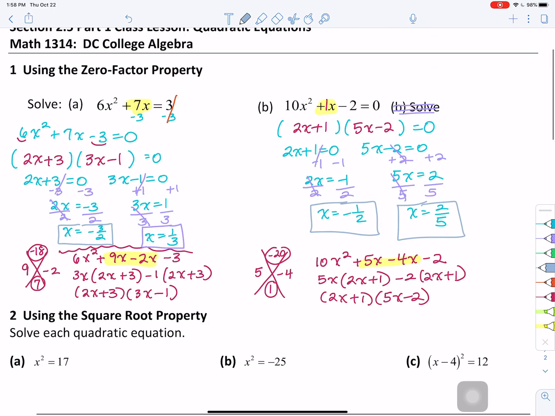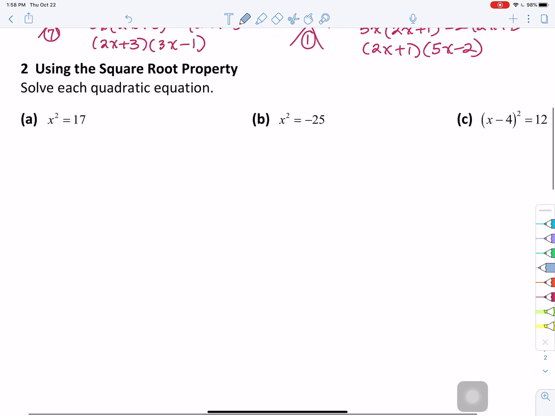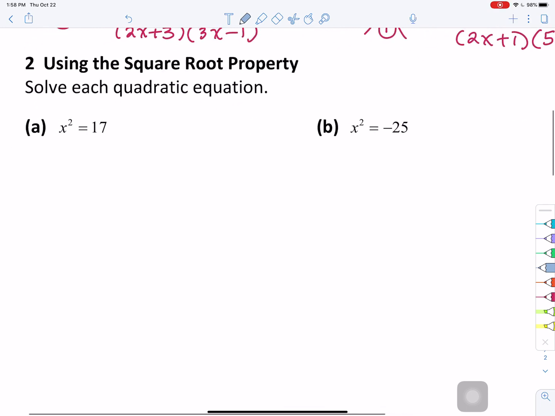You can't use the square root property when you have an x term. So this is really handy. Basically what this says is that you are going to take plus or minus the square root of both sides. So I'm going to say x is equal to plus or minus the square root of 17. And actually that's our answer. So really we're doing this to both sides.